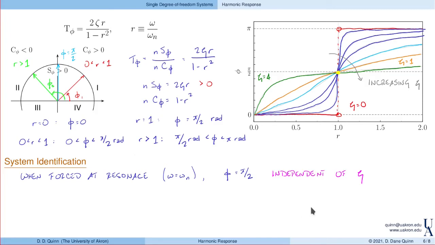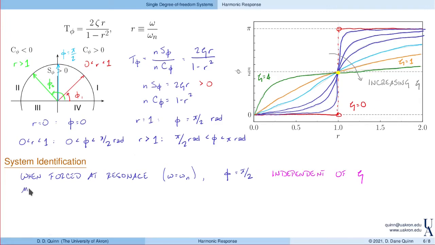So we can actually use this fact to perform system identification. Given a response, can we identify what parameters gave rise to the response itself? If you can identify the forcing frequency for which the phase is pi over 2, then you immediately know the natural frequency.